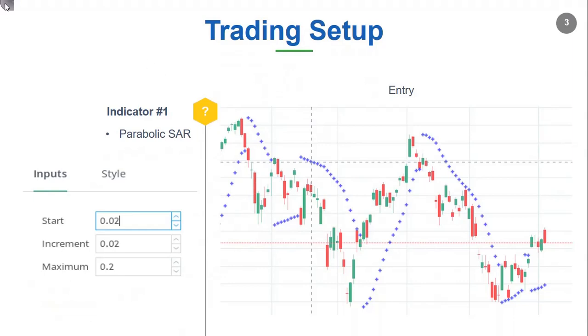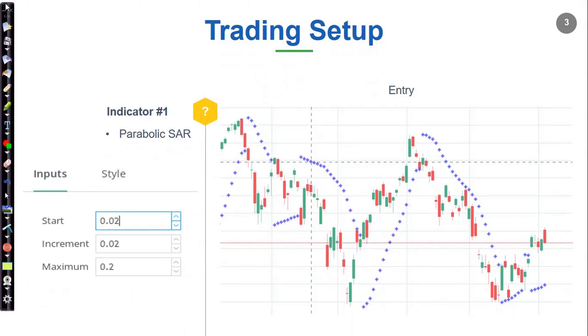So first, the trading setup, and I'm using Parabolic SAR. The input I'm using is 0.02, increment 0.02, and maximum also 0.2. So let me hack this strategy, very interesting.